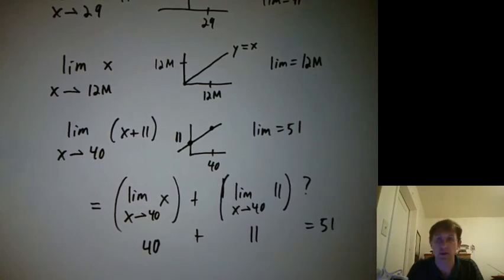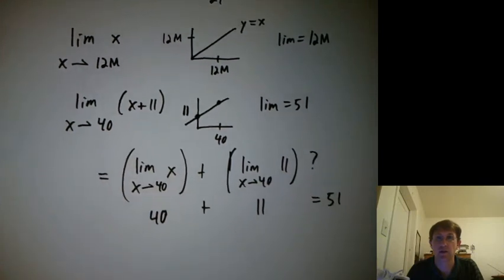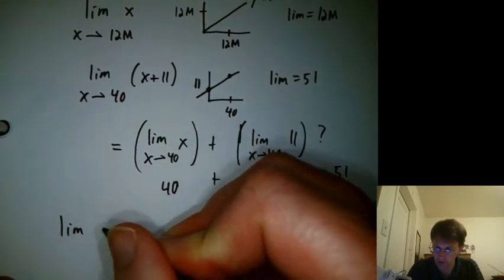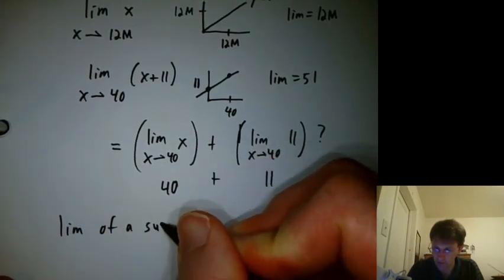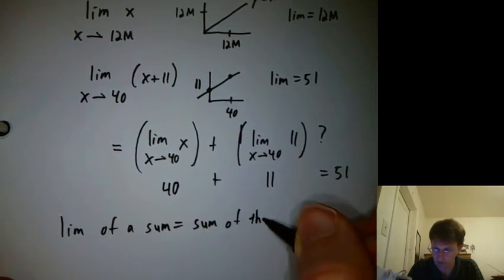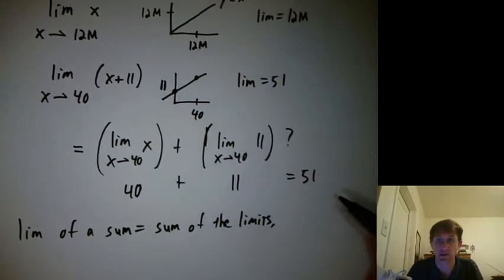Well, it sure works here, and it turns out it works in general as long as the things you're breaking it up into, those limits have to exist individually. So we can say the limit of a sum is the sum of the limits as long as they all exist.